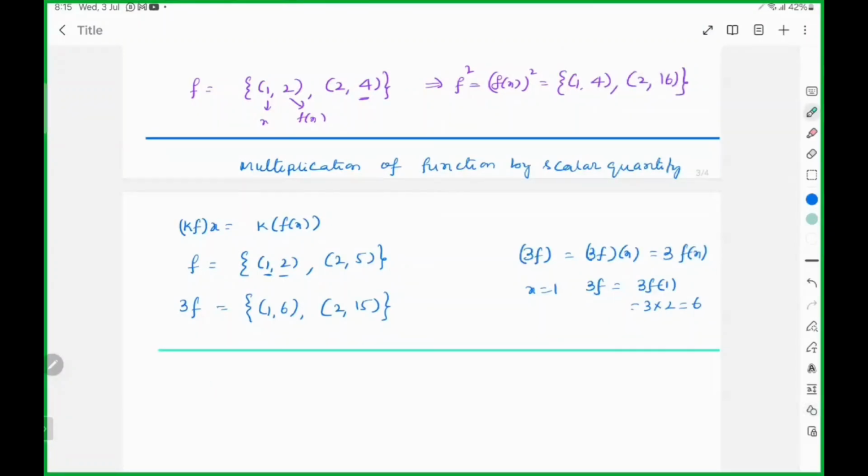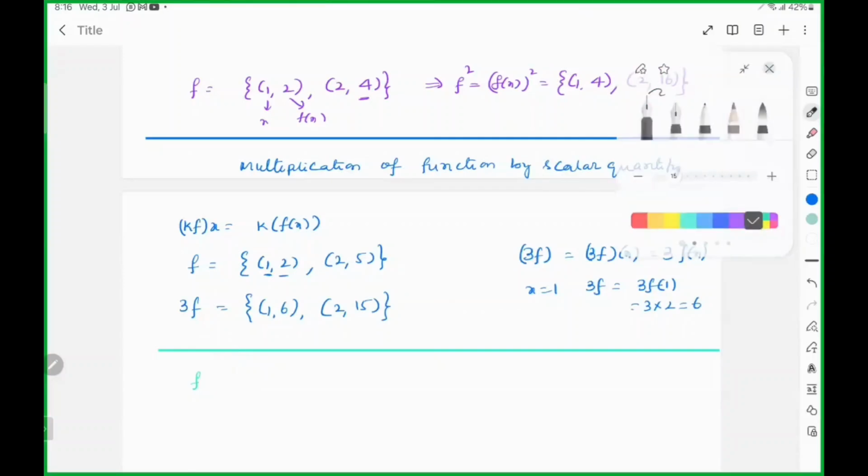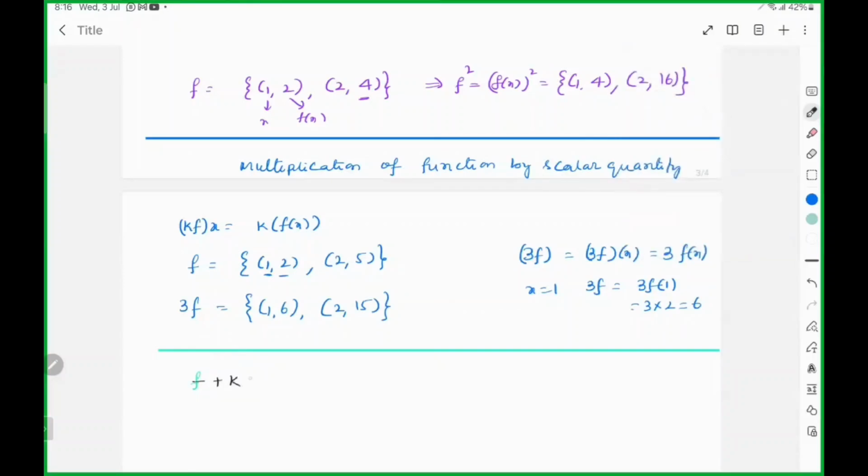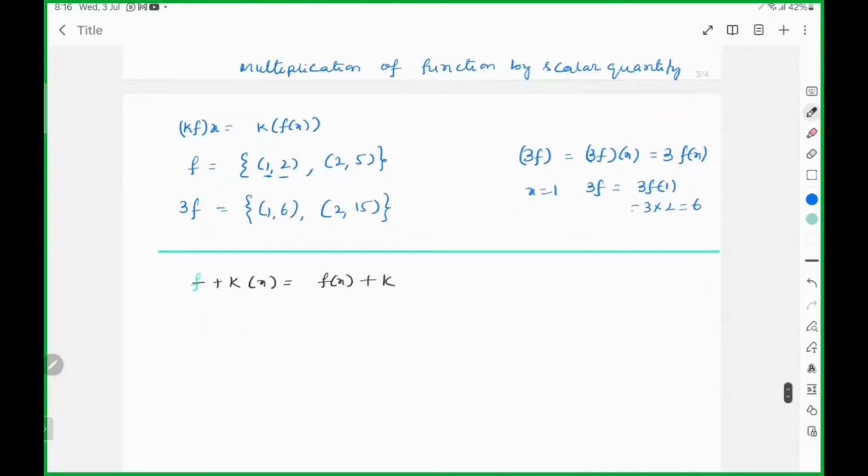Next, how addition of a scalar to the function is defined. f plus k of x is f of x plus k. Suppose f is defined as 1, 2, 3, 4. f plus 1 means f plus 1 of x, f of x plus 1.